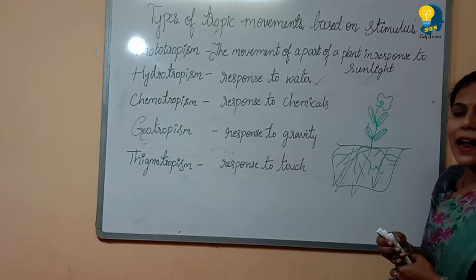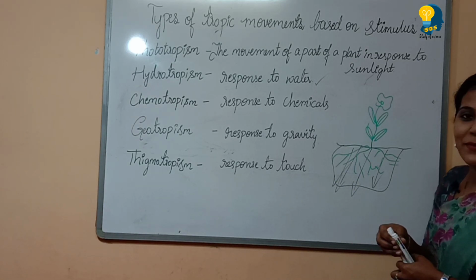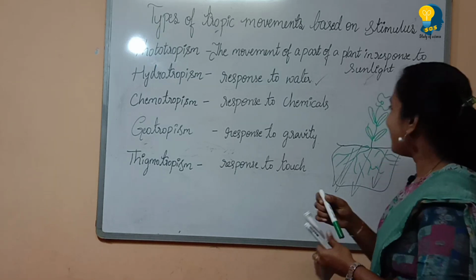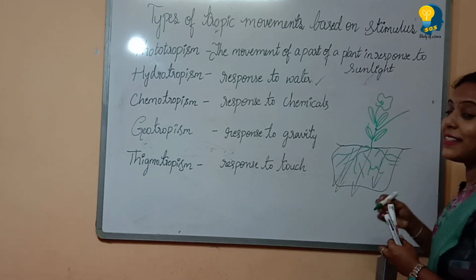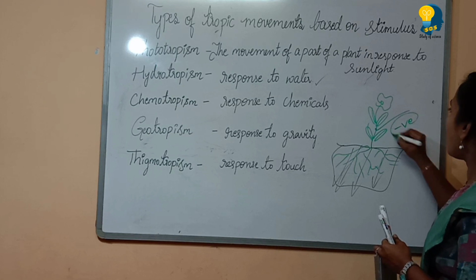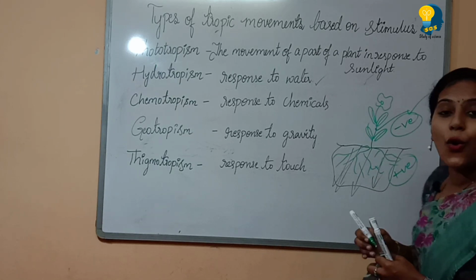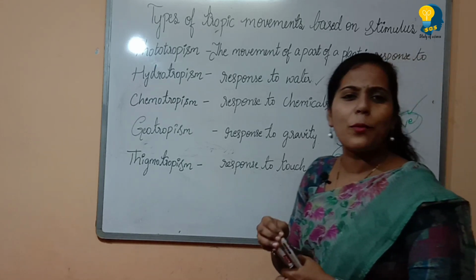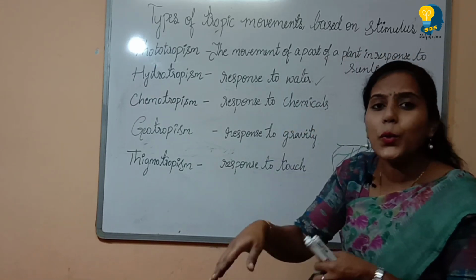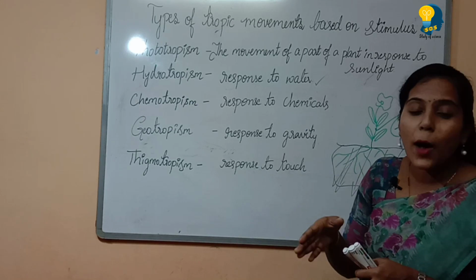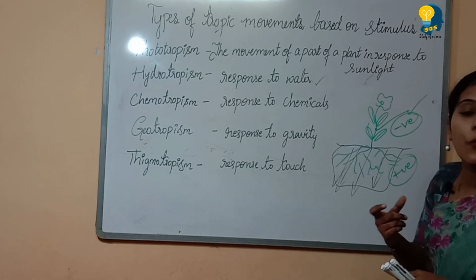Then which part of the plant is showing negative hydrotropism? Yes, the stem is showing negative hydrotropism. Roots show positive, the stem shows negative hydrotropism, because the stem does not grow towards the water. It does not absorb the water. The root absorbs the water.